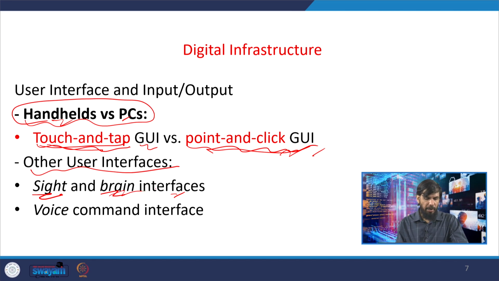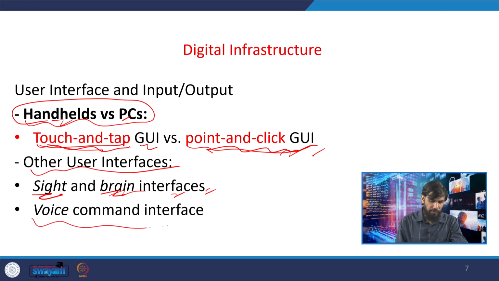Then brain interfaces use brain waves to interact with the computer, in the sense of what kind of icon, tab or item needs to be executed. So, sight and brain interfaces could be useful for a certain group of users who would find it difficult to interact with touch and tap or point and click interfaces.